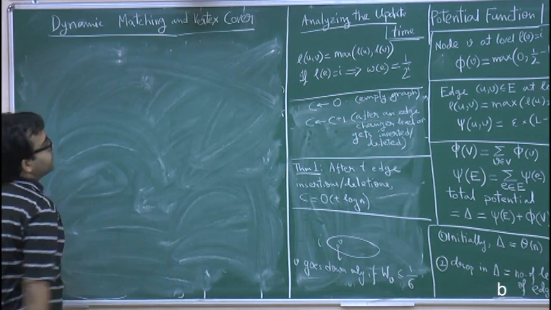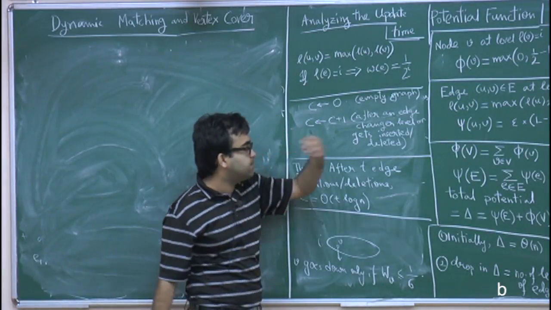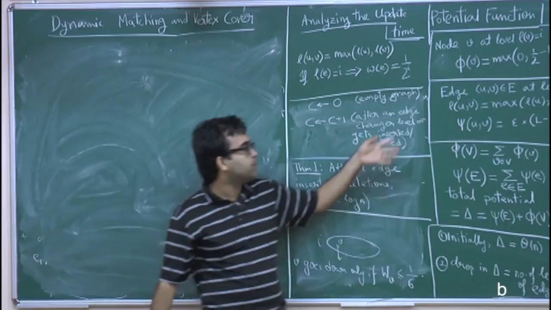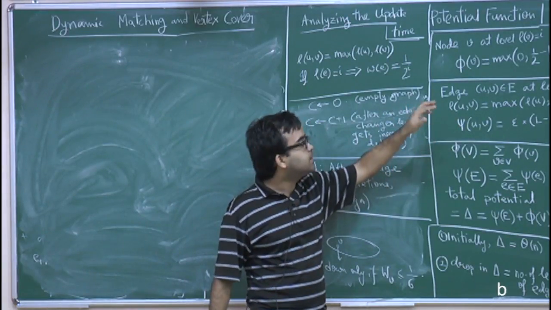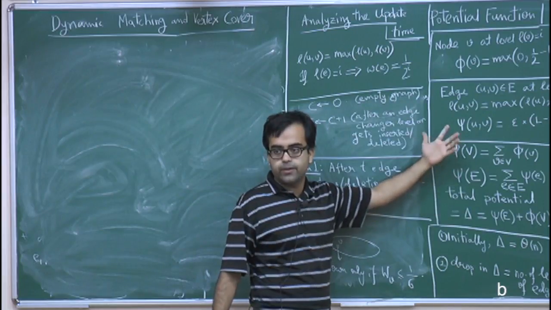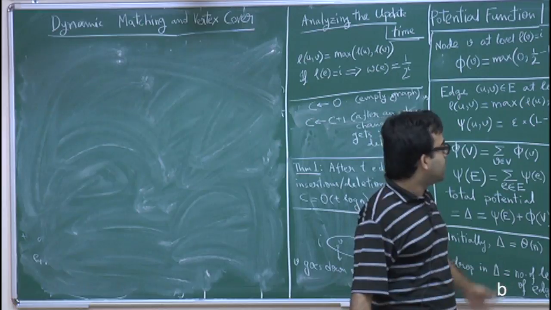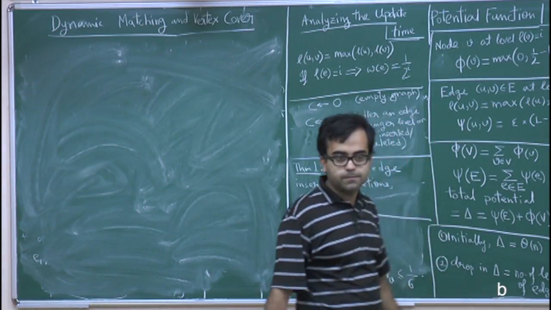So, now we introduce another technique for analyzing the update times of dynamic algorithms, the so called potential function method. And this is by no means unique to dynamic algorithms. Even in static data structures, you often use potential functions to argue about amortized update, amortized say query times or something. Okay.